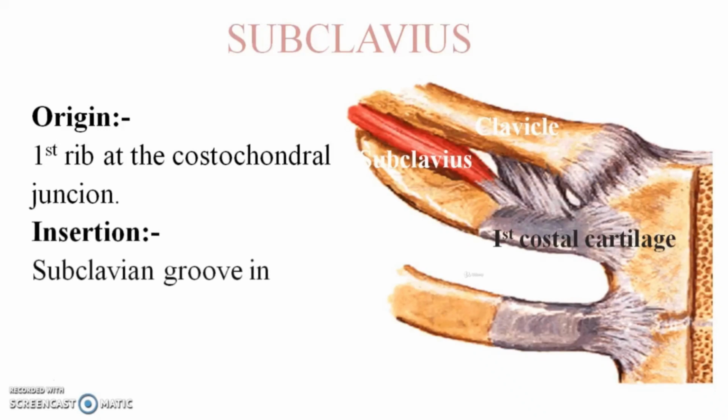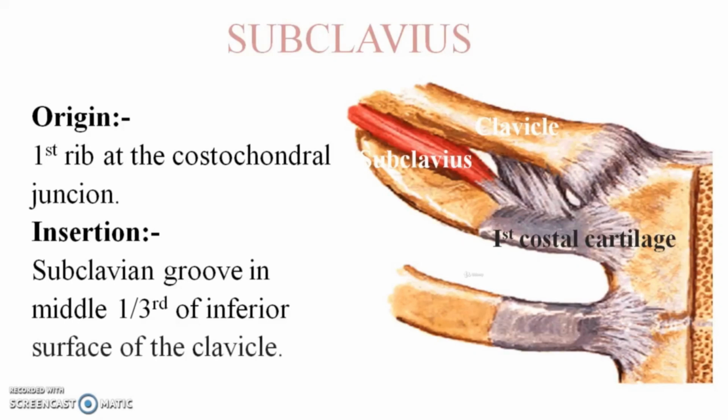Insertion, it is seen in the lower surface of the middle 1/3 of the clavicle. So in the middle 1/3 of the lower surface of clavicle you will see a groove. That groove is called the subclavian groove. Because of this reason, that is it is going to give insertion for subclavius muscle, so we are calling that particular groove the subclavian groove, which is seen in the middle 1/3 of the inferior surface of the clavicle.